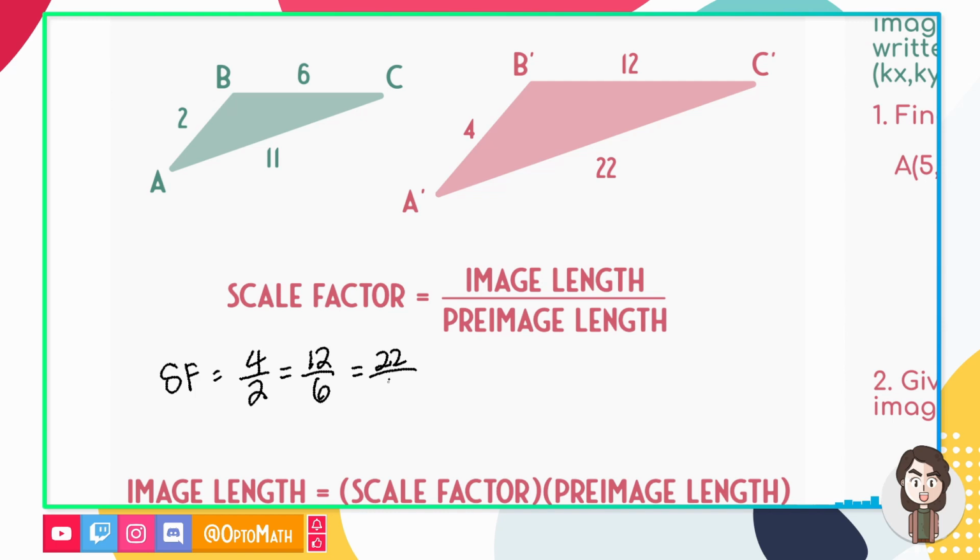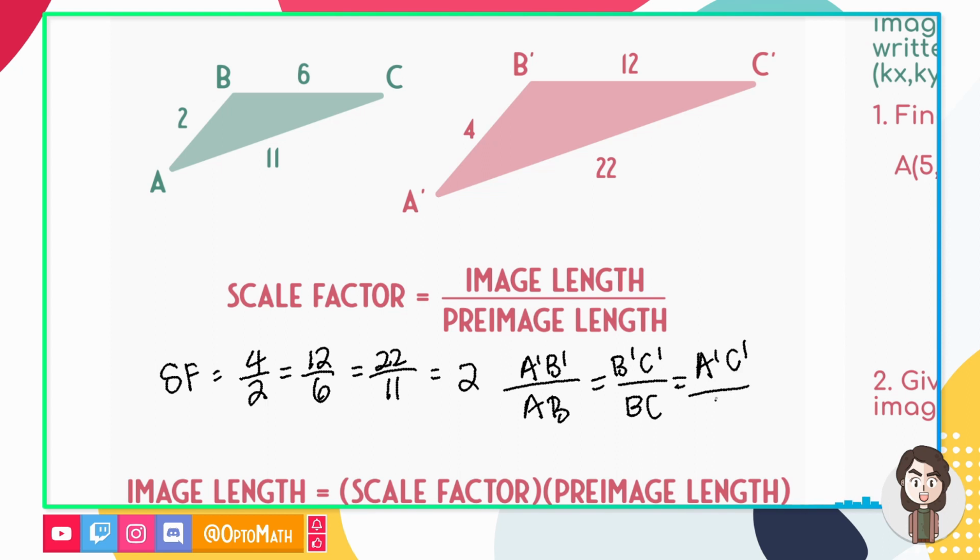We know this should work because similar figures like these, because we know it's under a dilation, have proportional side lengths. And for all of these, we get 2. And what we could also have written is that A prime B prime over AB is equal to B prime C prime over BC is equal to A prime C prime over AC.